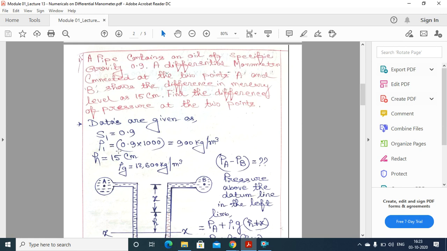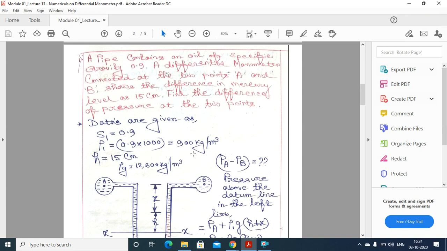So rho 1 will be 0.9 into 1000, because 0.9 is the specific gravity of the liquid and 1000 is the density of water. If we solve this, we will get rho 1, the density of the liquid contained in pipe A and pipe B, as 900 kg per meter cube.